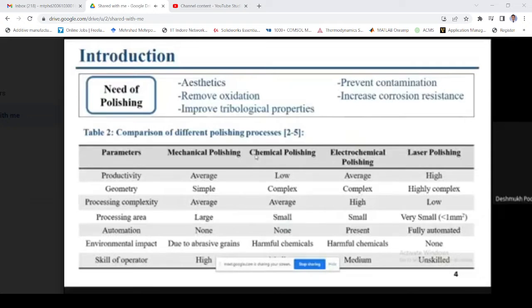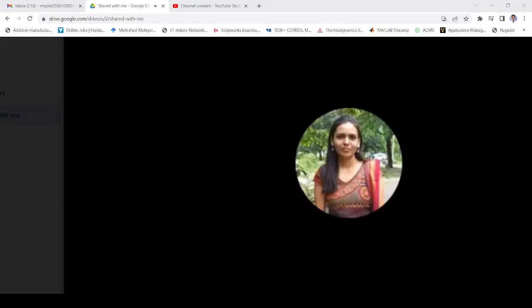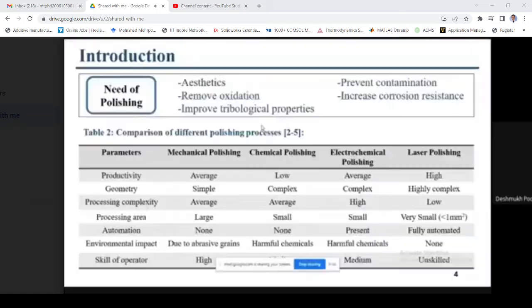But with laser polishing, we can polish components which have highly complex shapes, and areas as small as less than 1 mm square. Also, the productivity of laser polishing is higher than the other polishing methods. Then laser polishing can be fully automated, whereas other polishing processes are either non-automated or only partially automated.